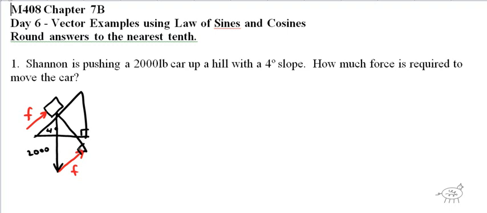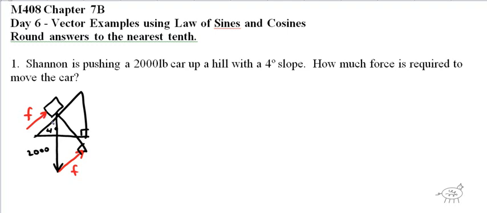Now, I want you to understand that these triangles are, first of all, similar. The right triangle I drew for pushing the car up the hill, and this triangle I just drew, are similar triangles. How do you know that? Well, see the two forces that I drew.